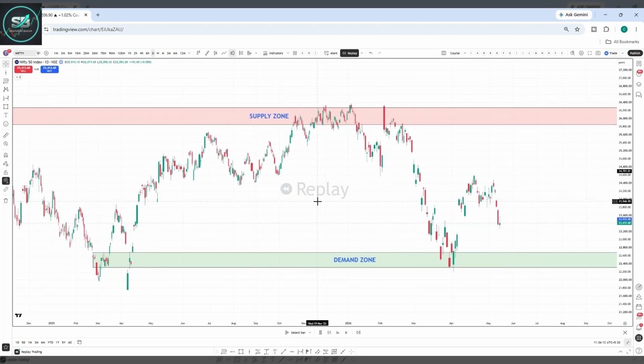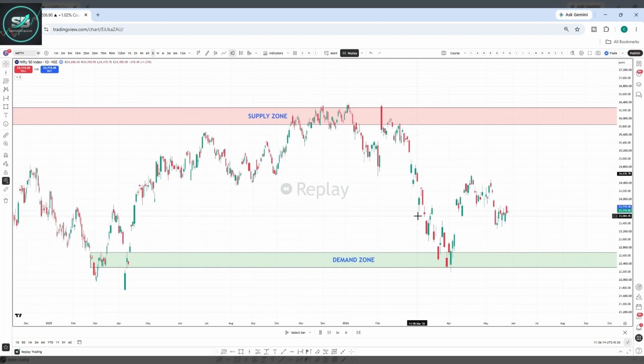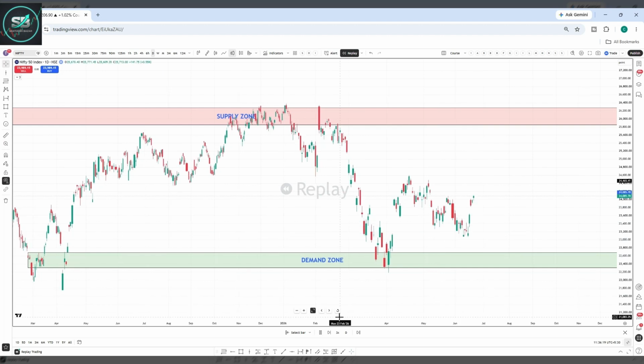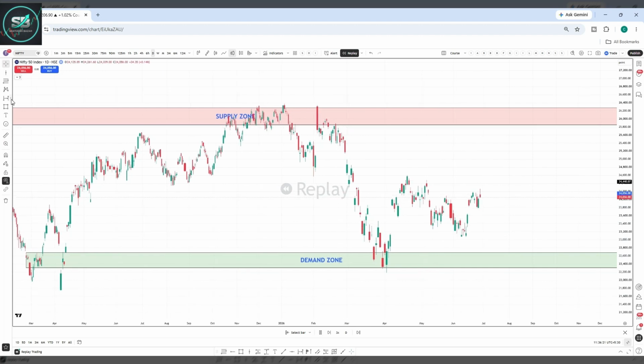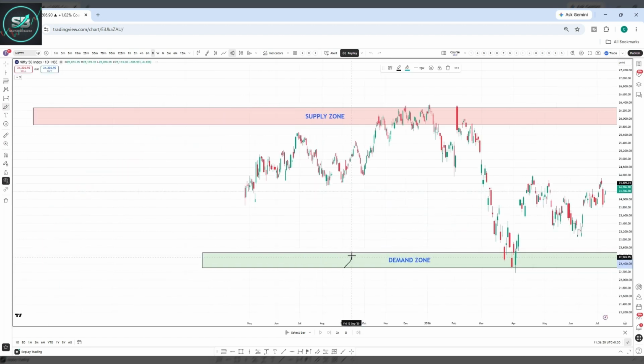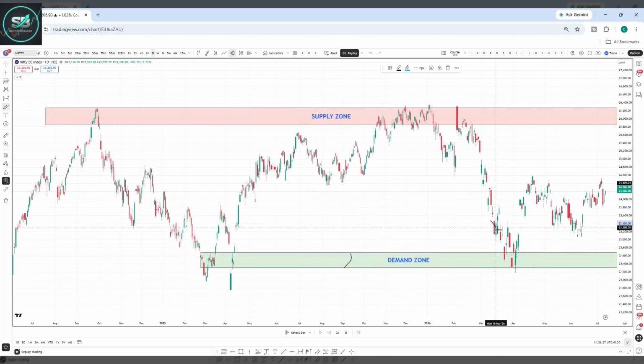A demand zone is where buying pressure is so strong that price shoots up from that level. If you see here, this is a demand zone. When price came to this zone, what happened? Price shot up from this zone.